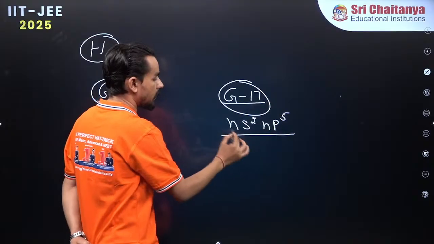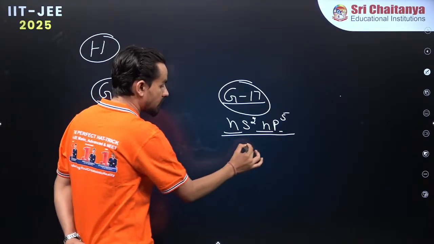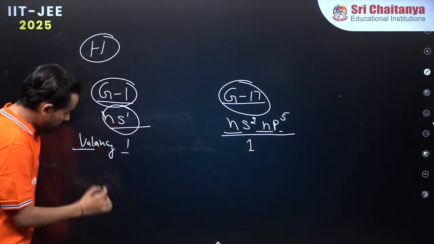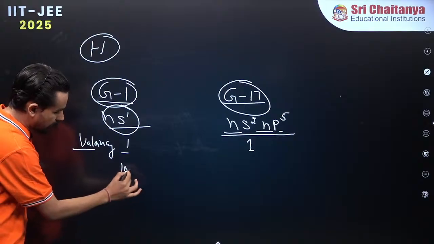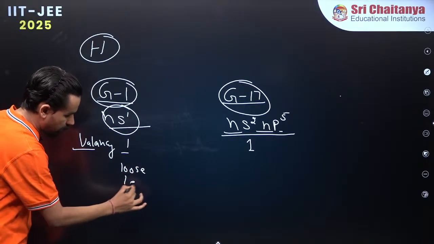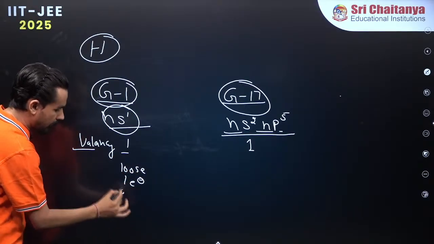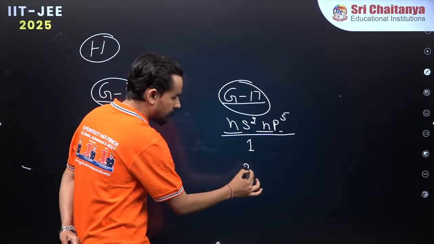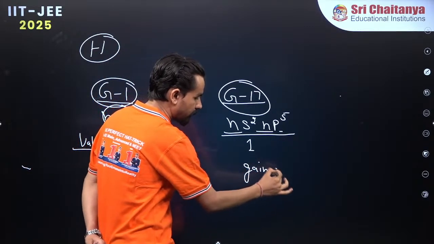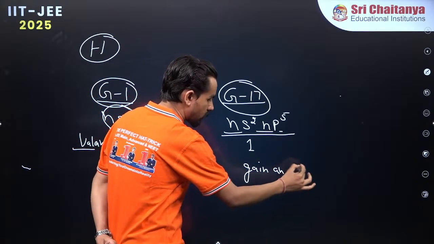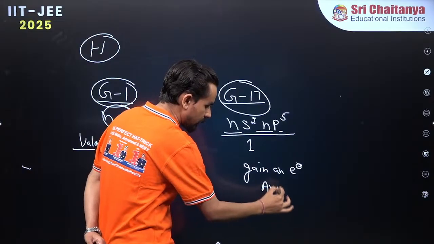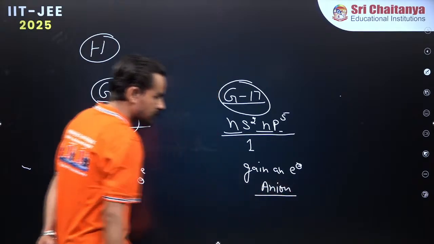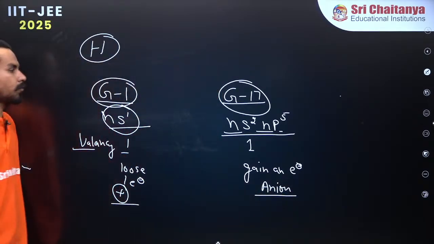Similarly, group 17 is ns2 np5 and its valency is also 1. The difference is this one loses one electron to form a cation, and this one gains one electron to form an anion. So these are the two things, cation possibility and anion possibility.